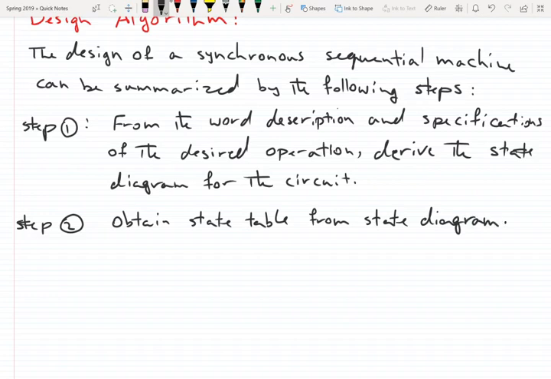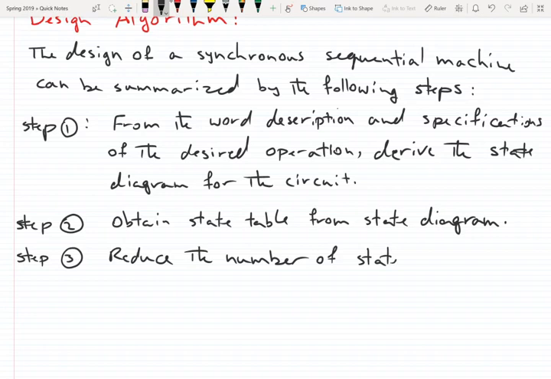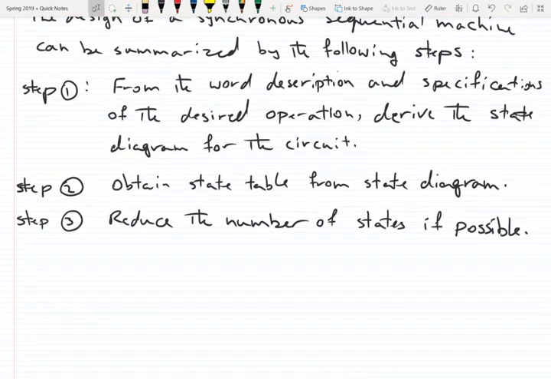Step 3: reduce the number of states if possible. How can we reduce the number of states? Do you remember? By inspection or partitioning.